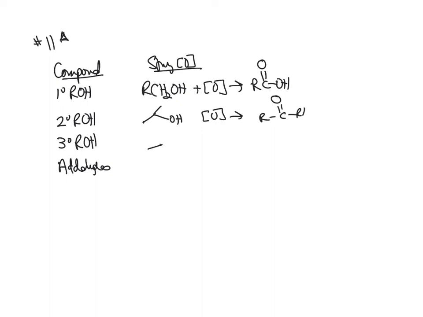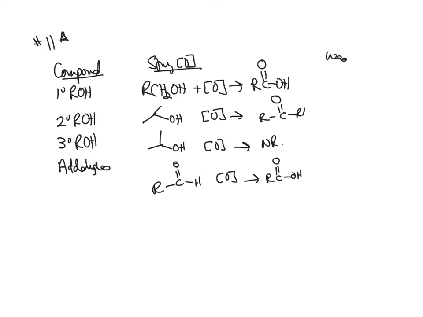If you have a tertiary alcohol, you get no reaction. Okay, and then if you take an aldehyde and you put in an oxidizing reagent, you get a carboxylic acid.